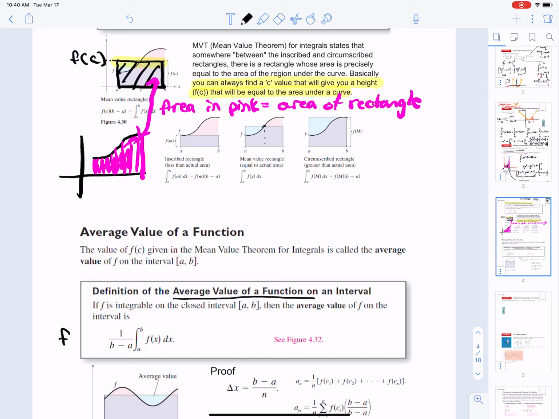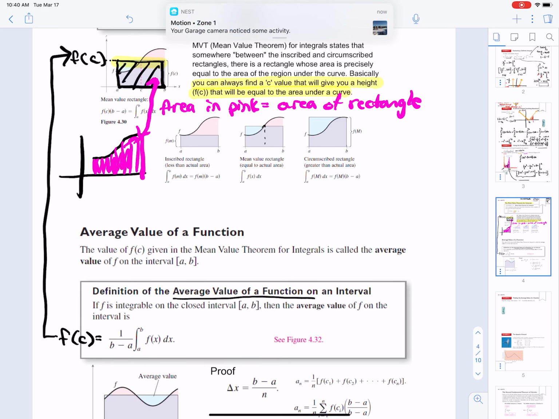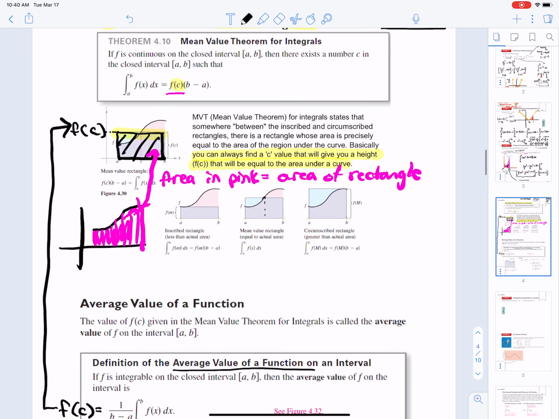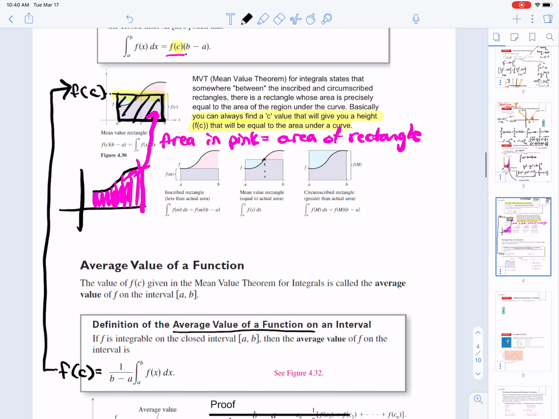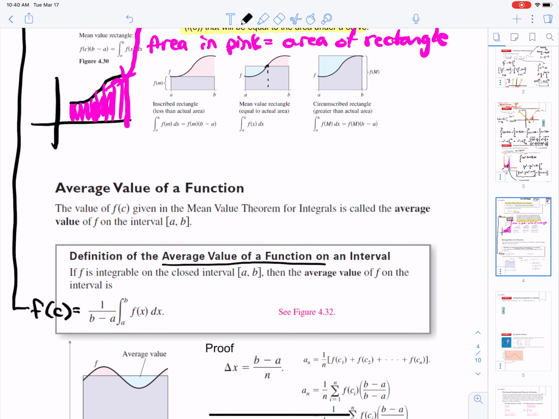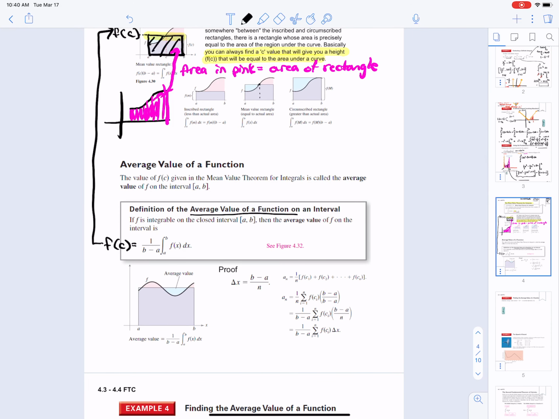So the average value is f of c, representing the height of this rectangle produced to make sure the area of that rectangle is identical to the pink area. So I would divide by b minus a on both sides. Because b minus a is only a number, it can come outside the integral. So this formula represents the average value of a function, okay?